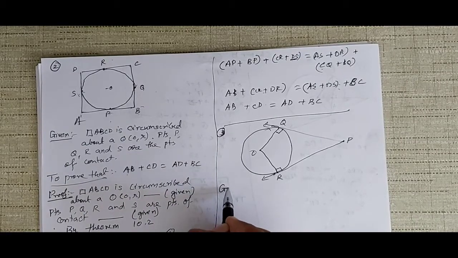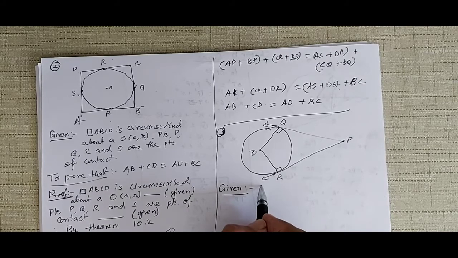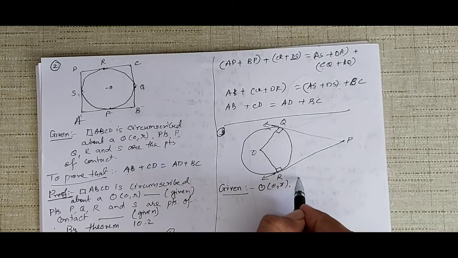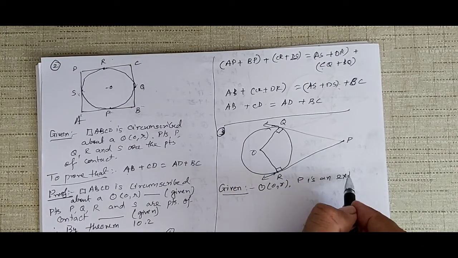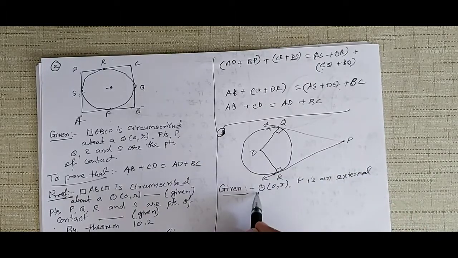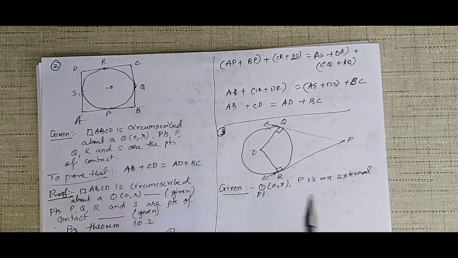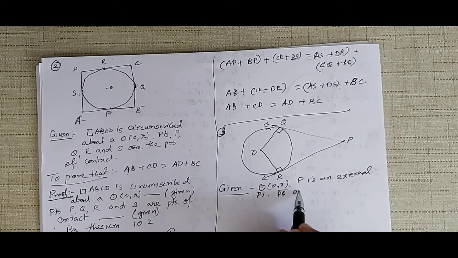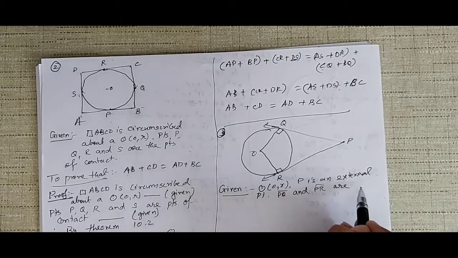Now we are given a circle with center O and radius R. P is an external point. External means exterior. P is a point in the exterior of the circle. Now PQ and PR are tangents.